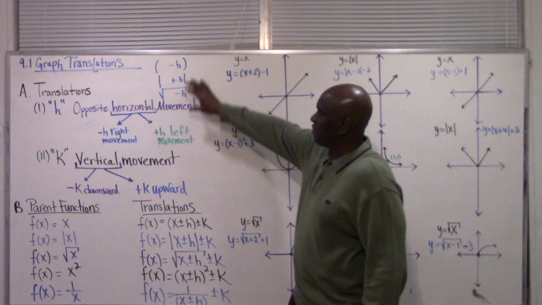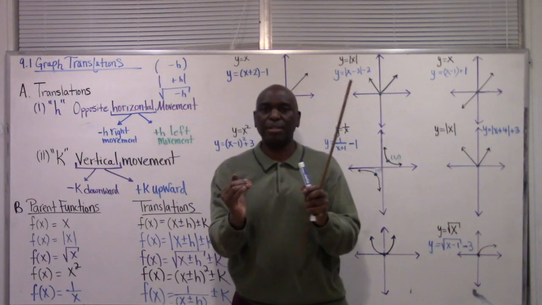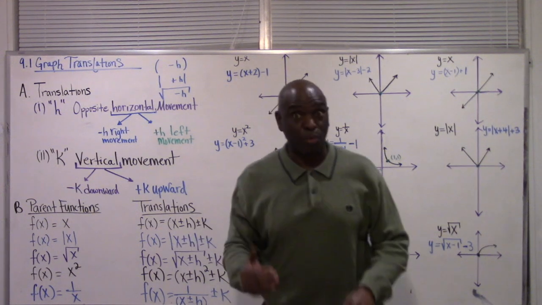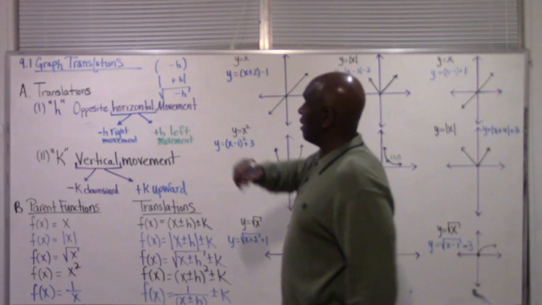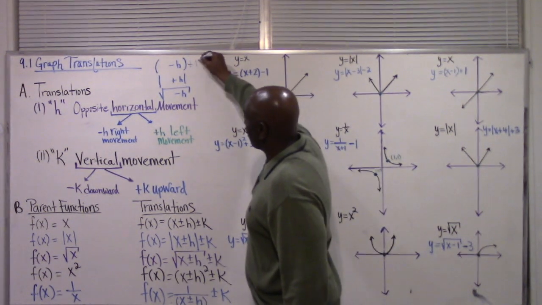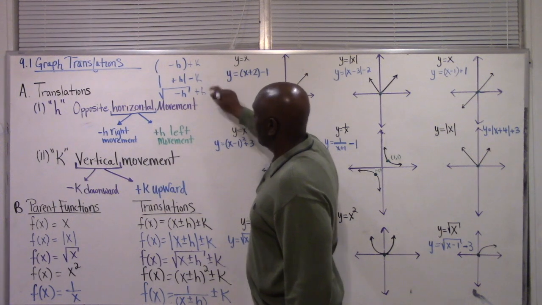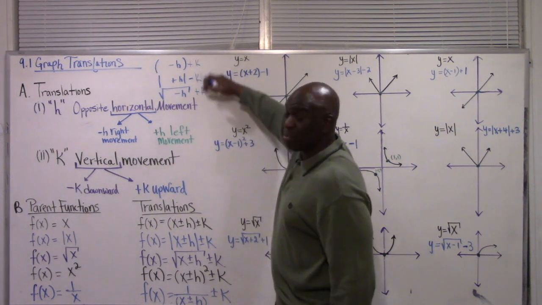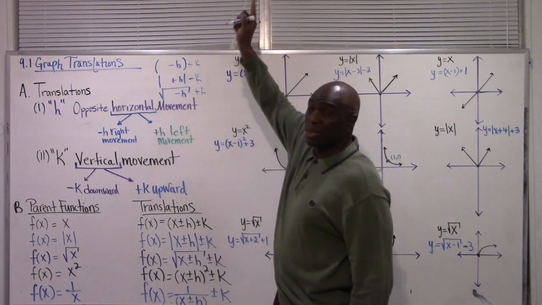So whatever that h value is, if it's inside the containment, you go the opposite direction. Whereas k is outside of the containment, so you just go in that direction. Plus k means up k units.